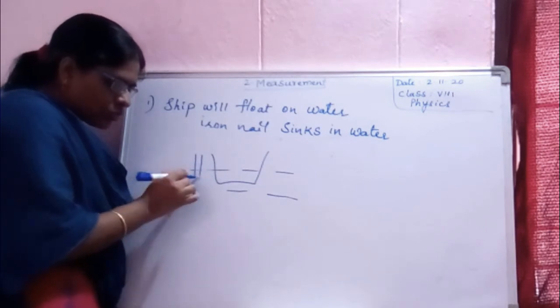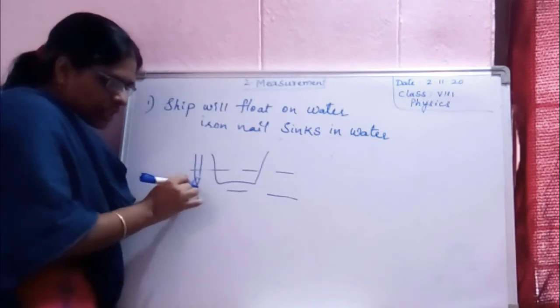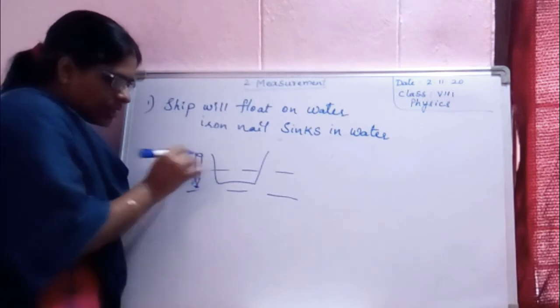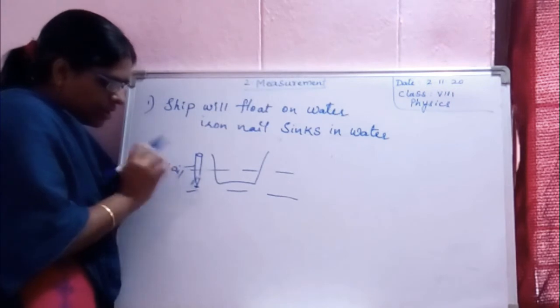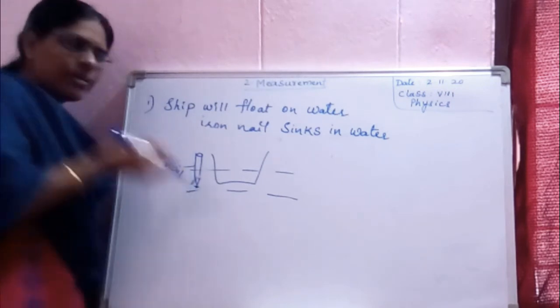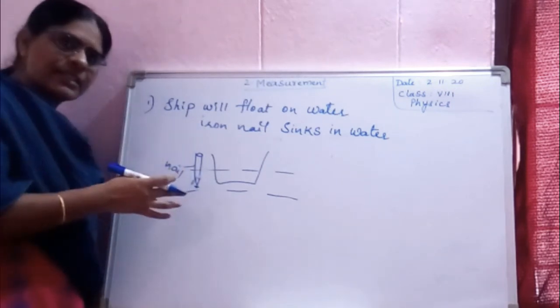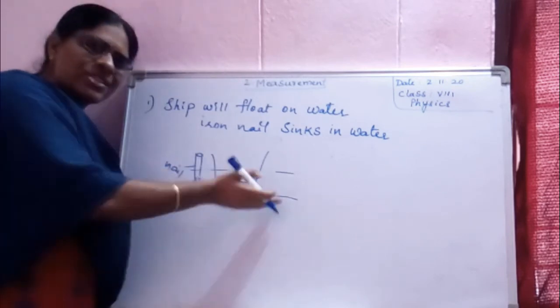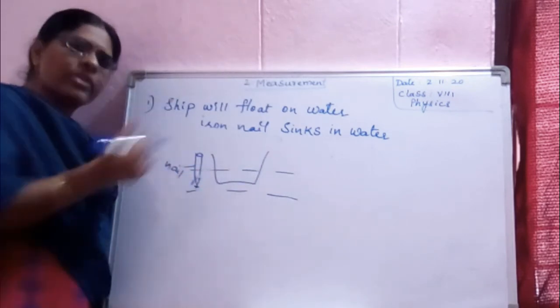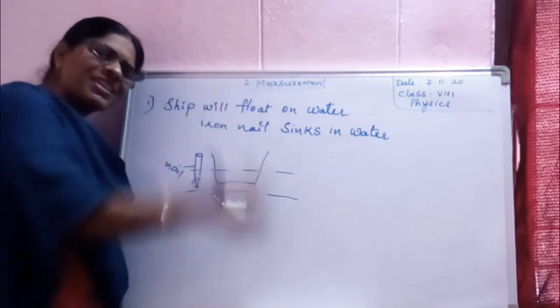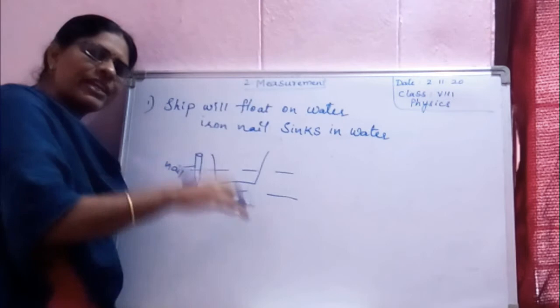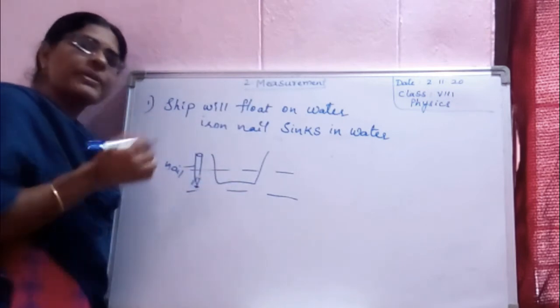Yes or no? This is a nail. Nail base is less, whereas the base of the ship is more. When the ship is dipped inside the water, then what happens? You tell me.